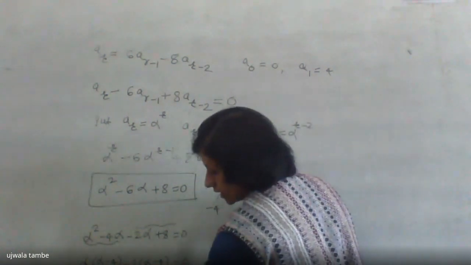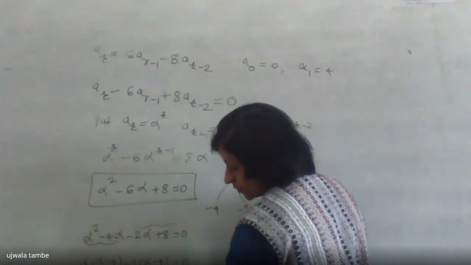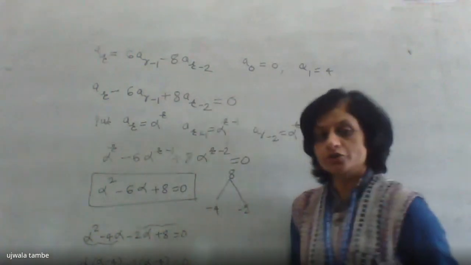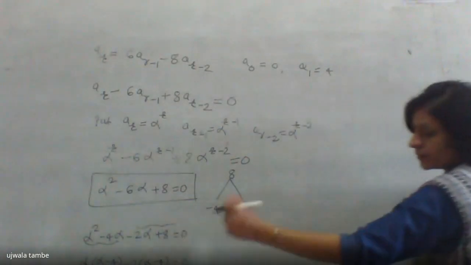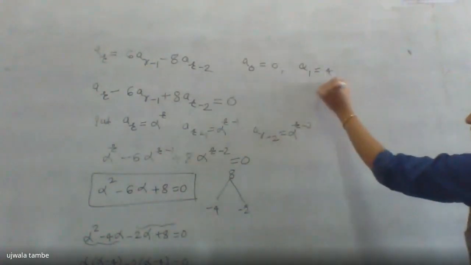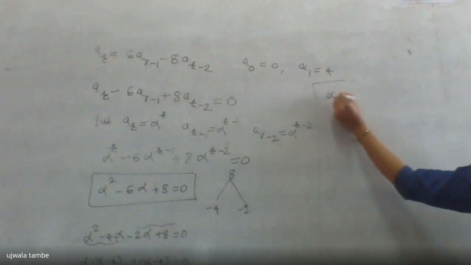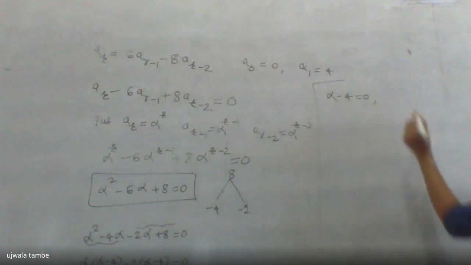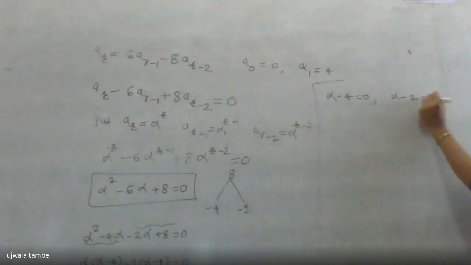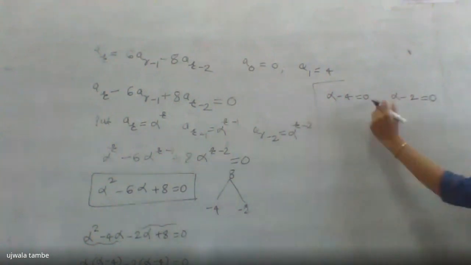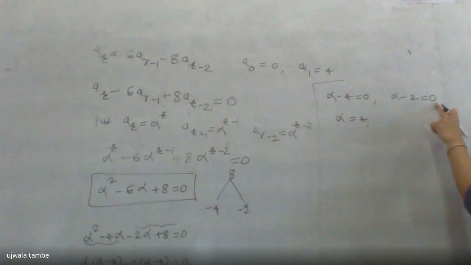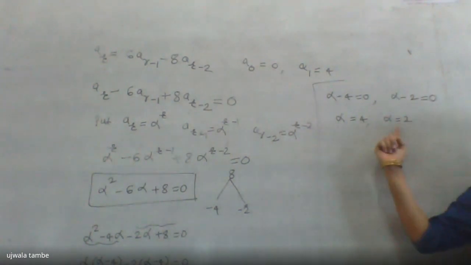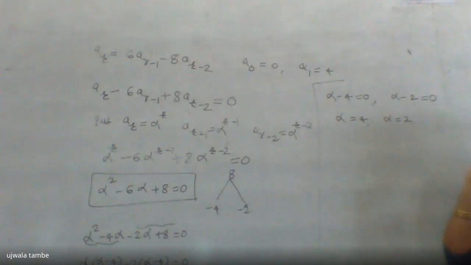Therefore, alpha minus 4 into alpha minus 2 is equal to 0. Alpha minus 4 is equal to 0 and alpha minus 2 is equal to 0. Alpha minus 4 is 0, therefore the value of alpha is 4, and alpha minus 2 is 0, therefore alpha is equal to 2.